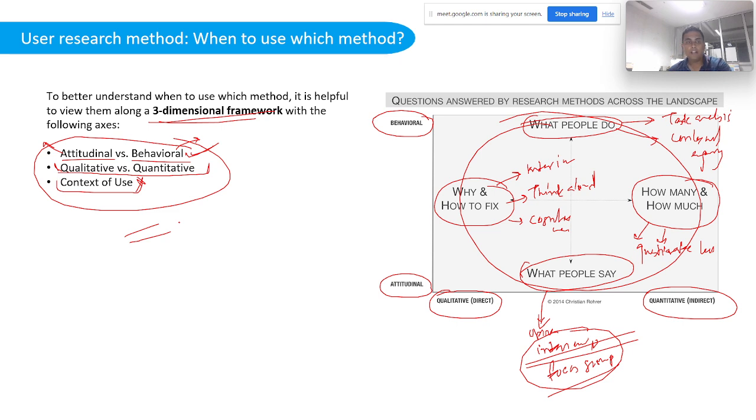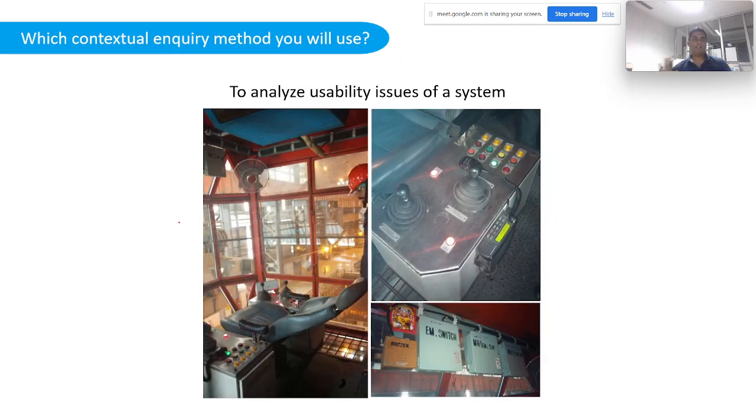Okay, so finally, I'll ask you three questions based on your understanding. I want to check your understanding of the requirements for particular user study methods. This should be about which user study method you will be using. You need to analyze the usability issues of a system. So my question is, which usability study method will you be using?